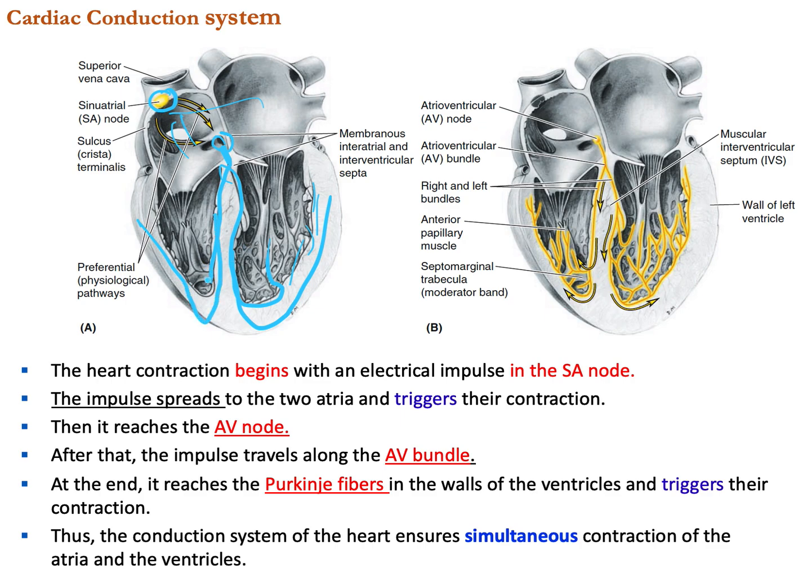So the conduction system in the heart enhances the coordinated contraction of the atria and the ventricles.